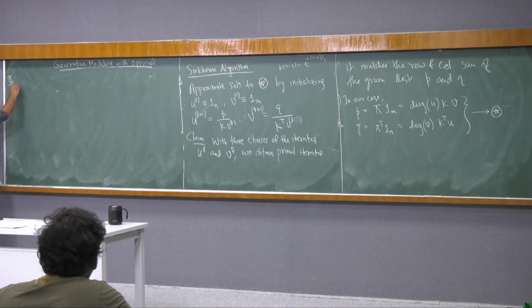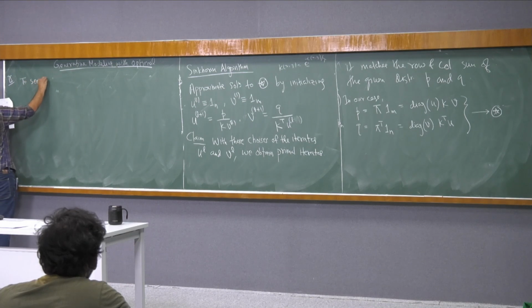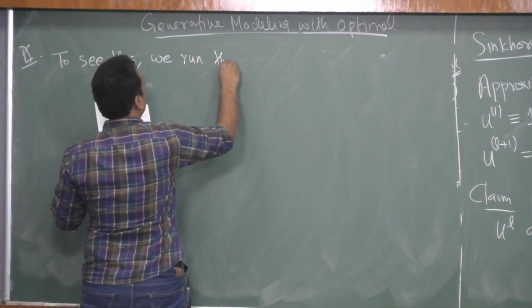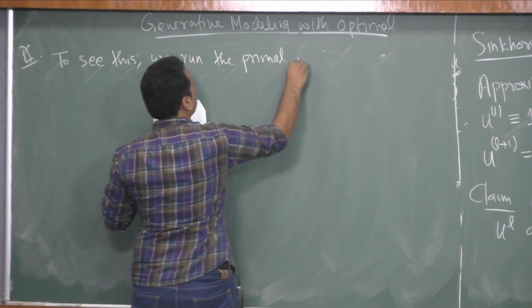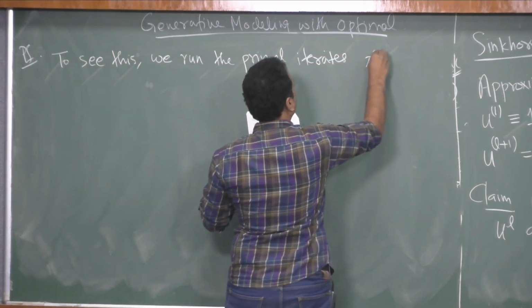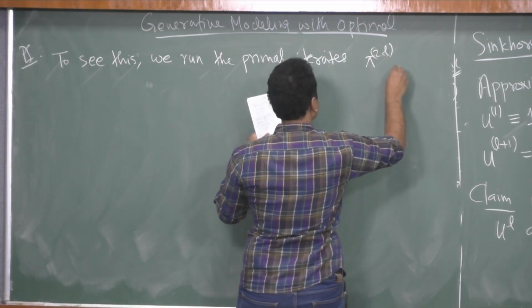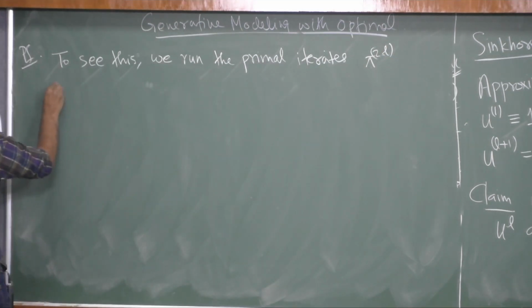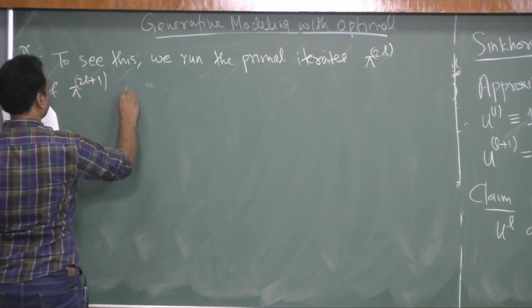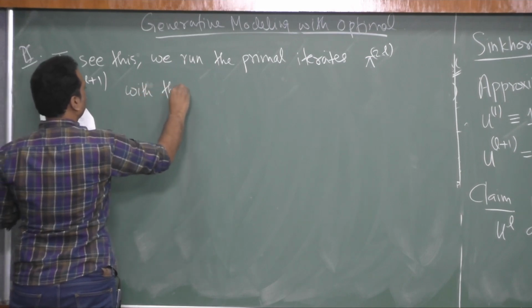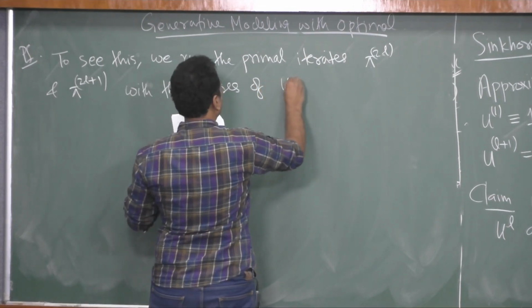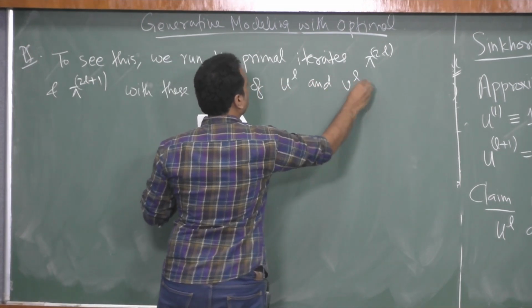To see this, we run the primal iterates, which are pi 2l and pi 2l plus 1, the even and odd ones, with these choices of ul and vl.